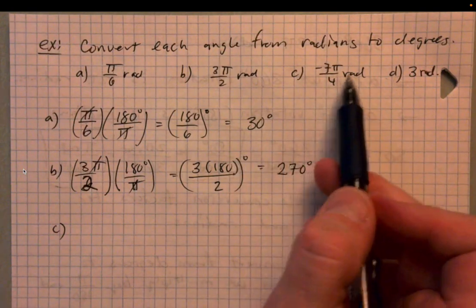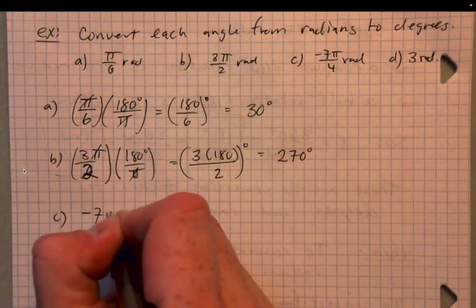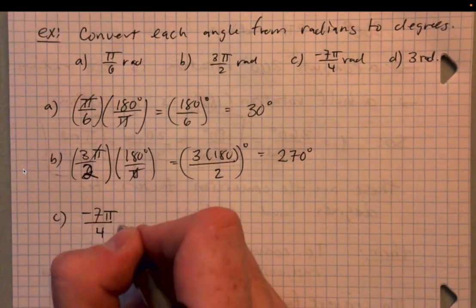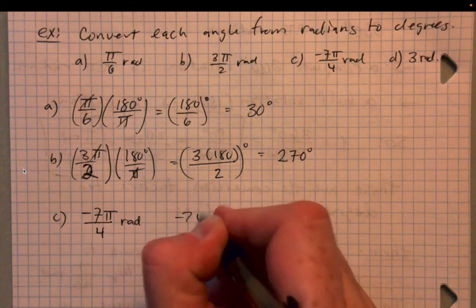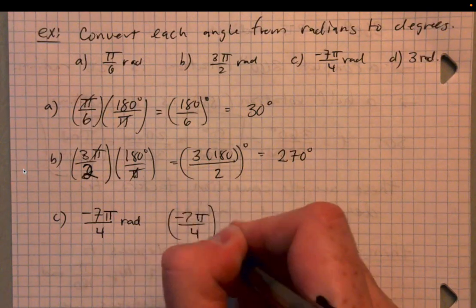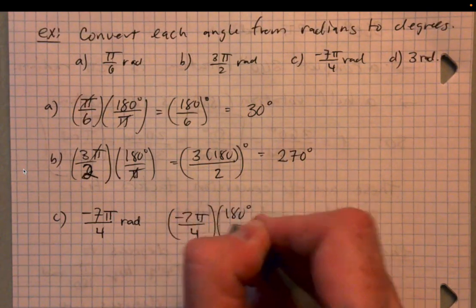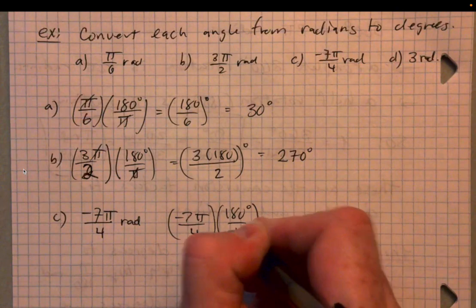What about the negative? Nothing too tricky there. I can just say negative 7 pi over 4 times 180 degrees over pi.